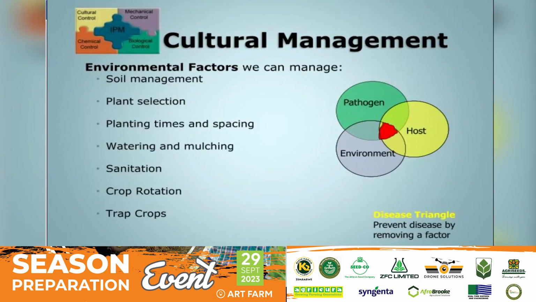Right? Cultural can be soil management. These I have already touched on. Plant selection, planting times, Wendy has touched on that. Watering, mulching, sanitation. All these things actually contribute in terms of controlling your pests. Let's touch on sanitation, for example. You get to a field where cabbages have been harvested, and the leftovers are left there, then everything is all over the place.